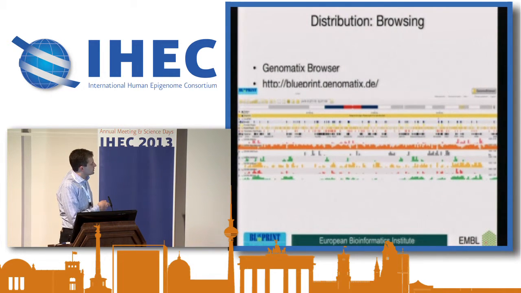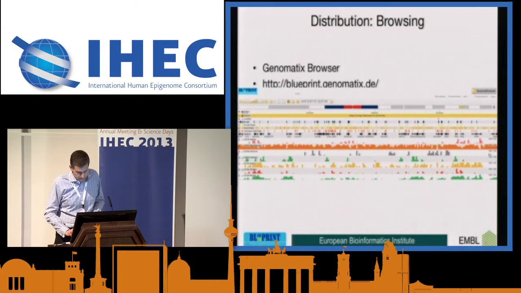And you can see here, this is, again, regions where we have different data types with the genes on this track. And this is another way to approach and get in and understand, visualize, and use the data that we've generated in the Blueprint project.